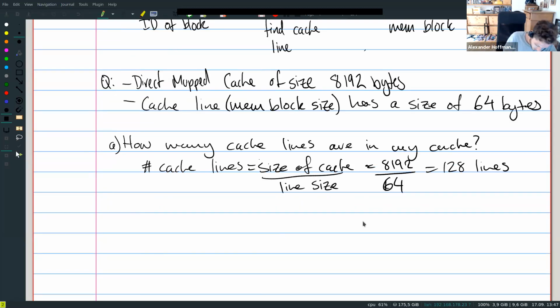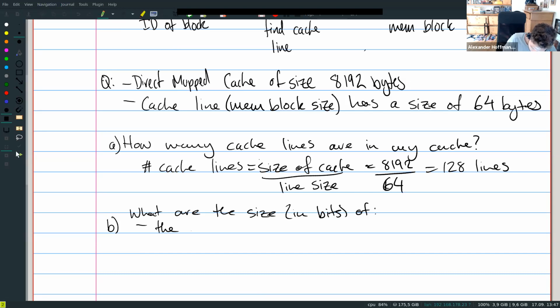Now let's go to the second part of the question, and I'm going to ask you these three things. What are the sizes in bits of the offset, the index, and the tag? You could think of the offset as the block offset, so inside of your memory block, it's the offset of your byte.